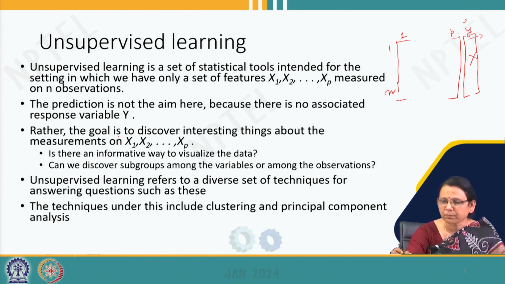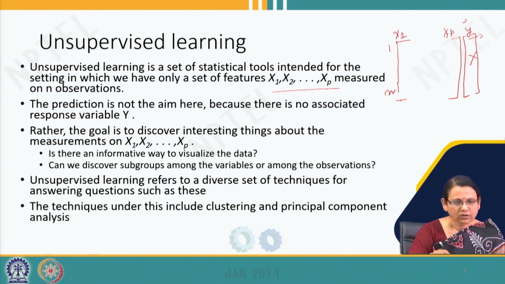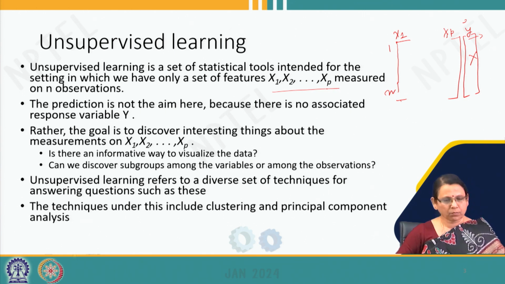We have this p number of features, x1 to xp, which are measured for n number of observations. Now, prediction is not the aim here, because there is no associated response variable. Rather the goal is to discover interesting things about the measurements on x1 to xp. So, based on all these n observations, we are supposed to find out certain interesting things.